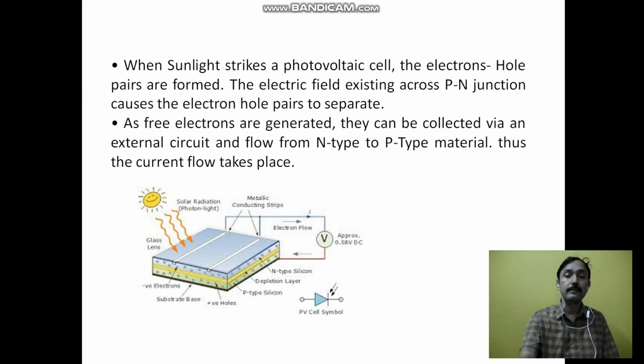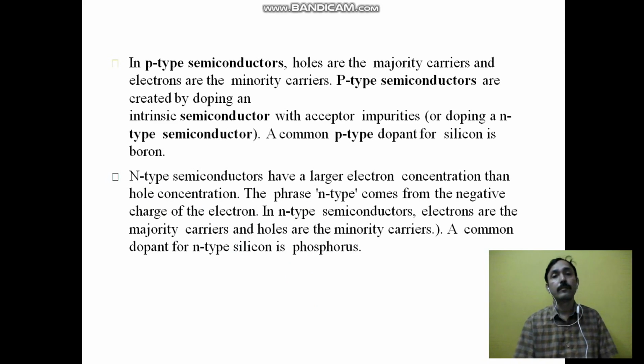I am going to discuss the working principle in a different slide. In p-type semiconductors, holes are the majority carriers and electrons are the minority carriers. Already I have discussed how p-type semiconductor is produced.